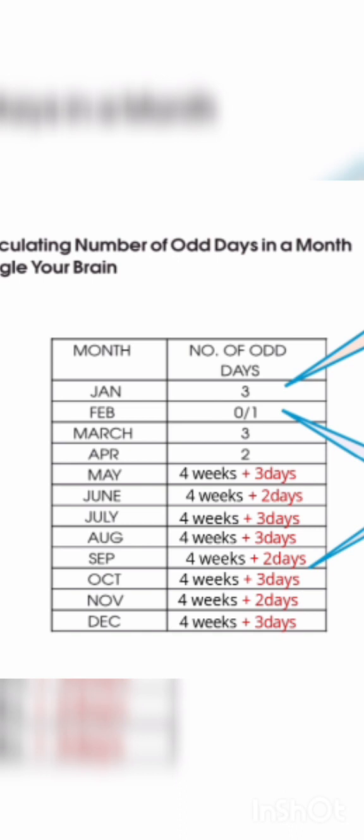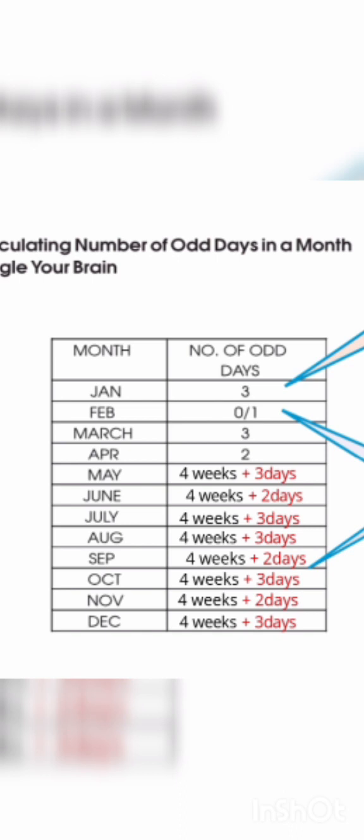Now for February, February can have either 28 or 29 days. If it has 28 days, that means 7 into 4, which is 28 days, so there would be 4 weeks and no odd days. But if there are 29 days, that means 4 weeks plus 1 day. So in the month of February, there can be 0 odd days or 1 odd day.